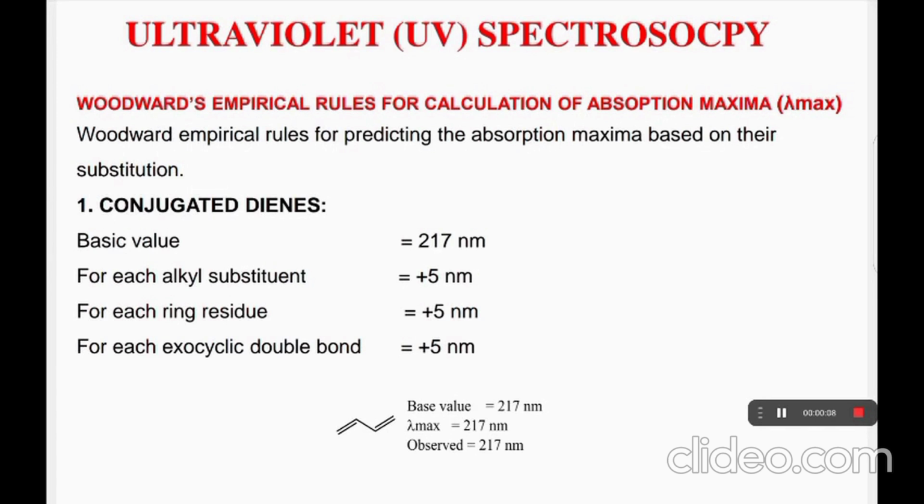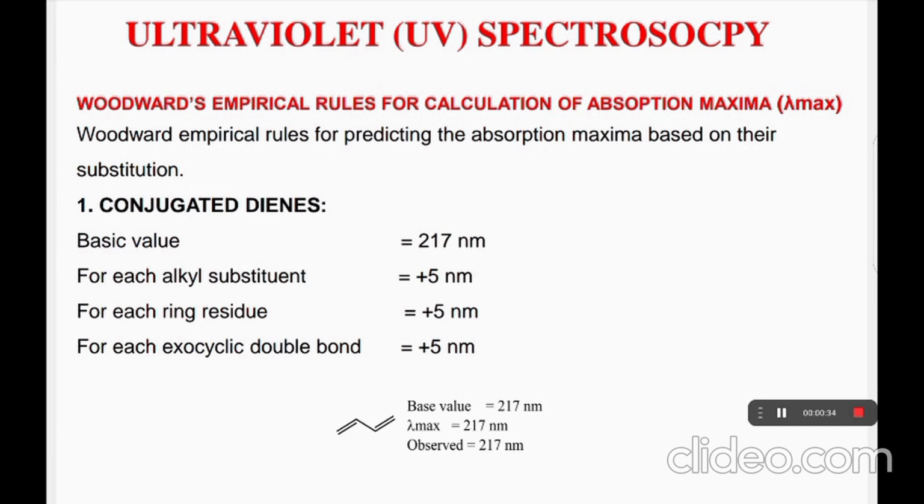He has taken 1,3-butadiene as the basic core structure. To this core structure, we have to add 217 nanometer, because this compound absorbs at 217 nanometer. For any alkyl substituent attached to this core structure, we consider it as one alkyl substituent, and we add 5 nanometer.